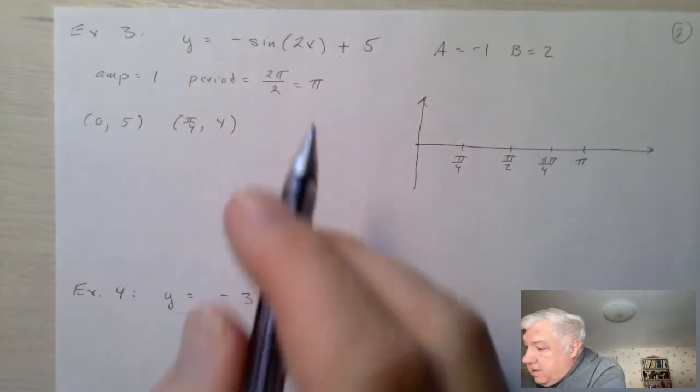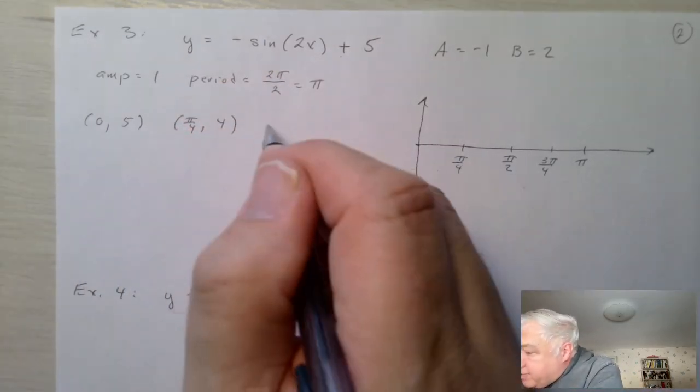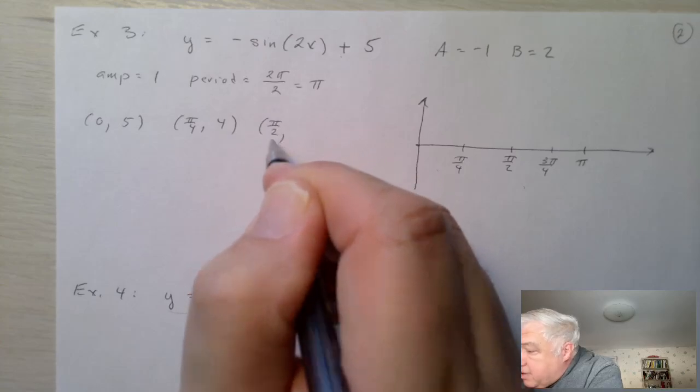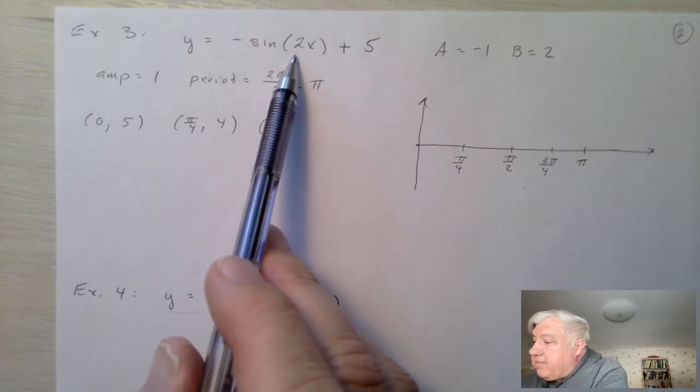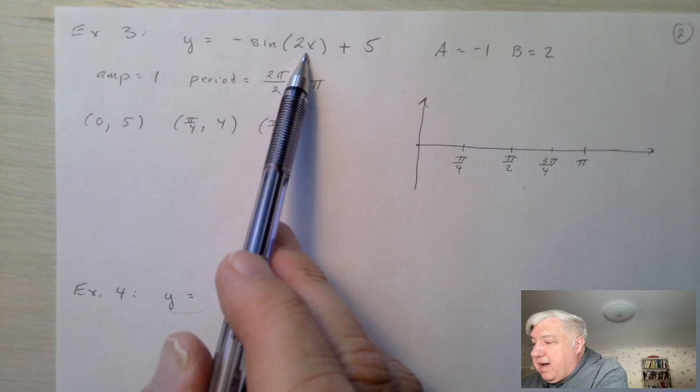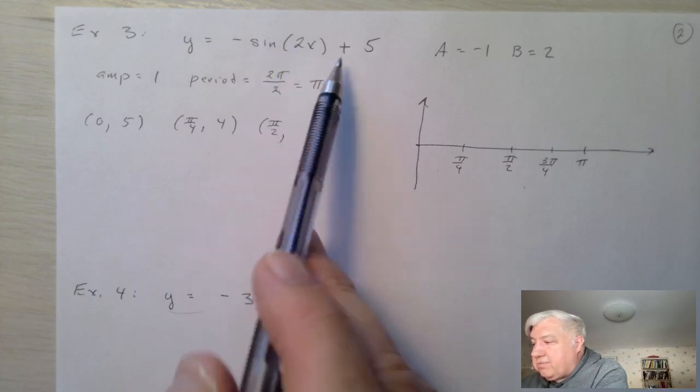Okay. And then for pi over 2, plug in this, you get 2 times pi over 2 is pi, the sine of pi is 0, 0 plus 5 is 5.